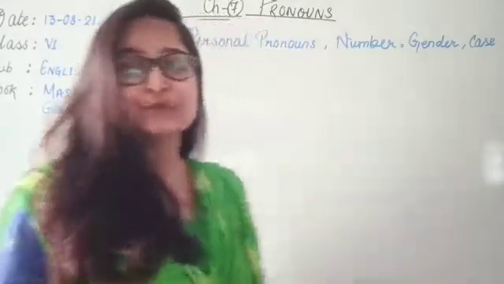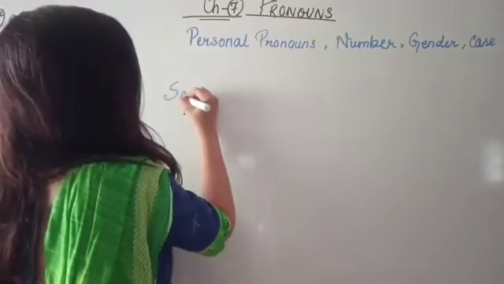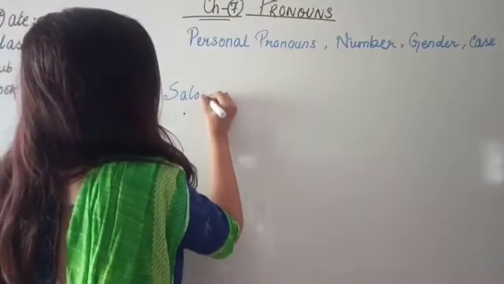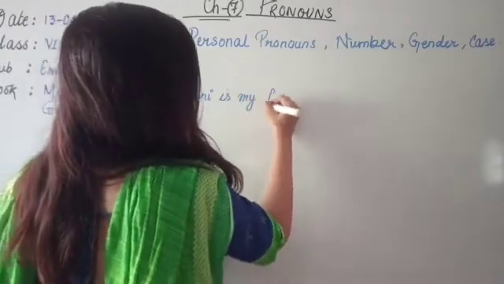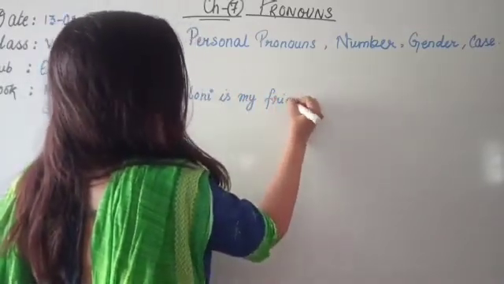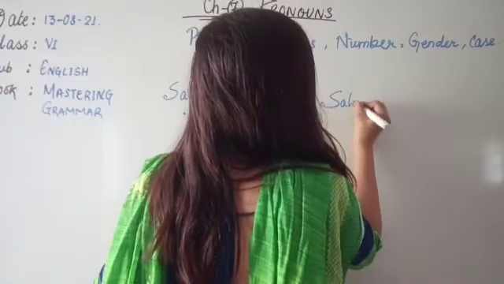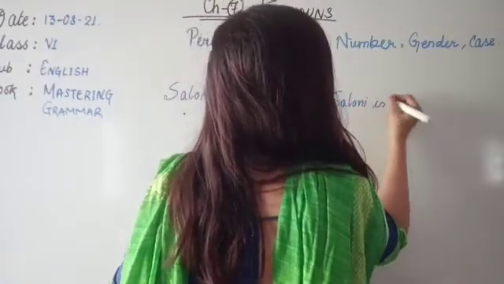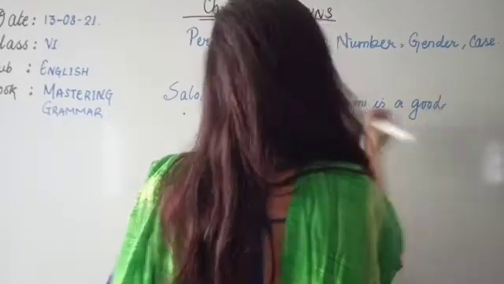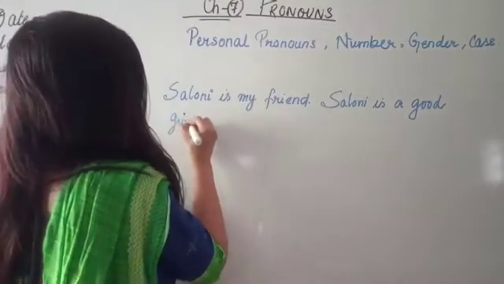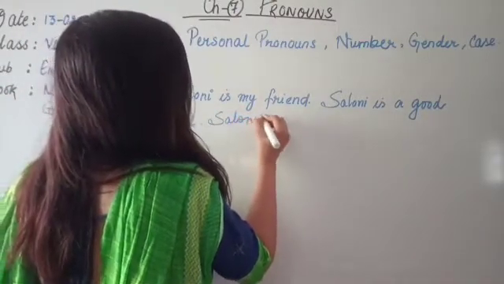Now children, if I wrote this, Saloni is my friend, Saloni is a good girl, Saloni plays badminton.